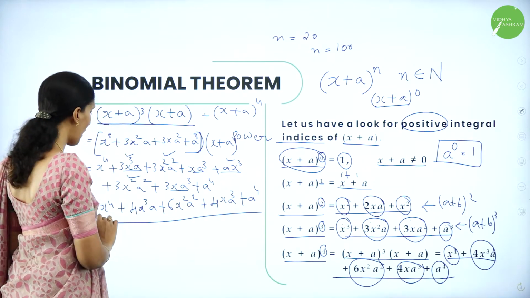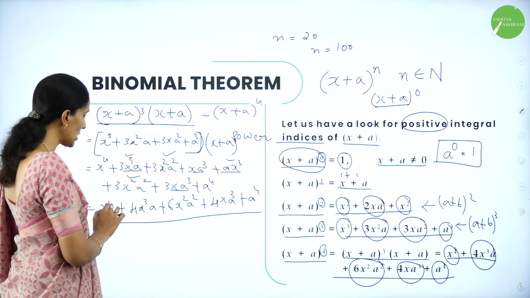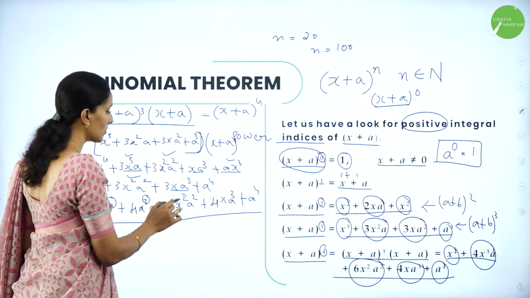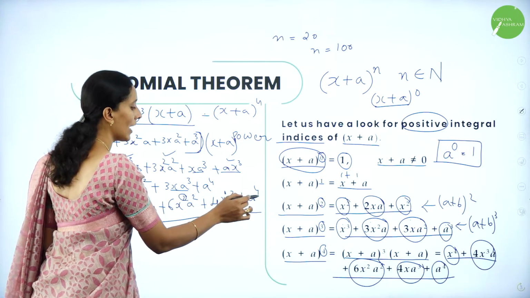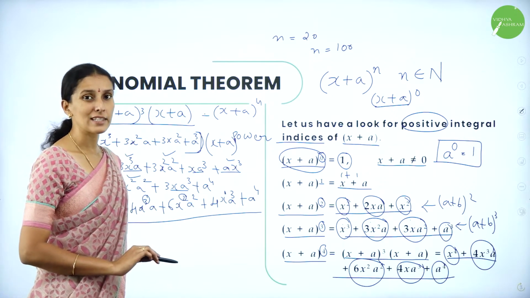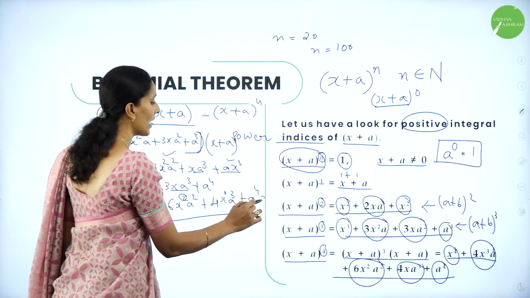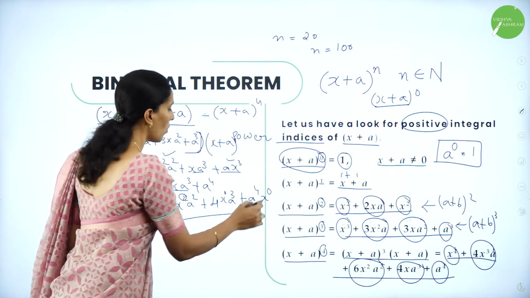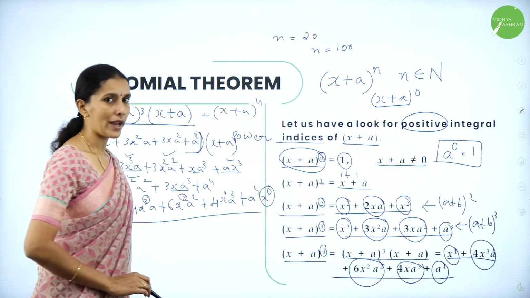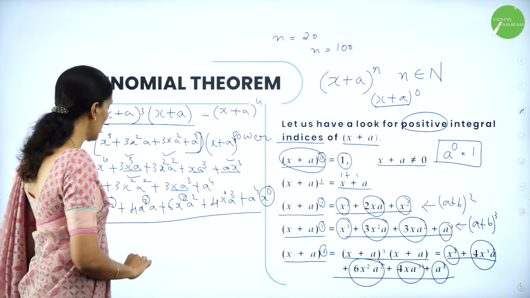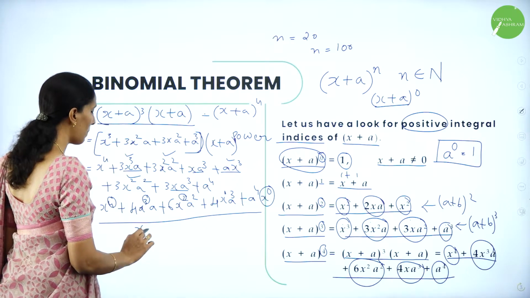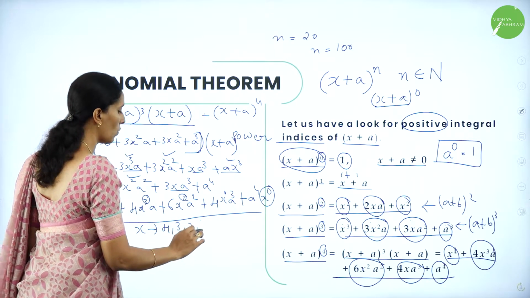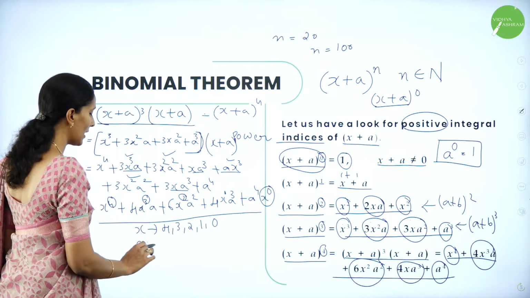Look here at the power of x in each term. This is the highest power of x. After it is cube, then square, then 1, then nothing is there, which means the power of x is 0. Since x power 0 is 1, there is no need to mention it here. That is why there is only a constant there. So the power of x goes on decreasing from 4, 3, 2, 1, 0. What about a here?